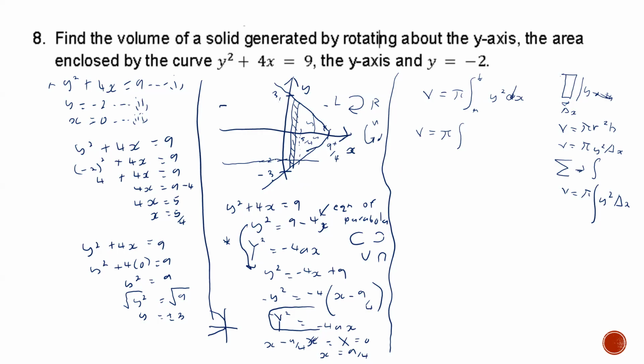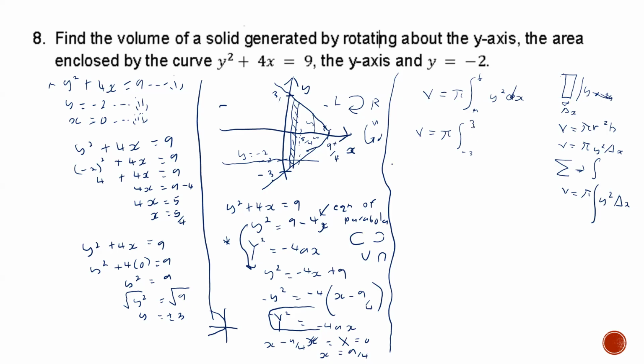The line is here, y is equal to -2. It has been bounded there, so the limits would still be -3 and 3.